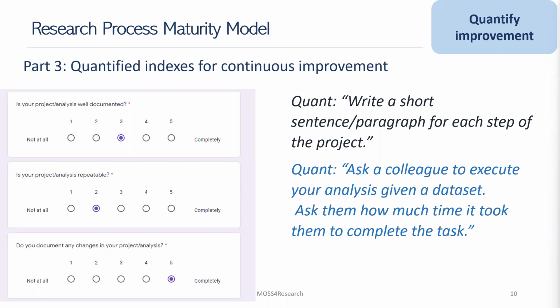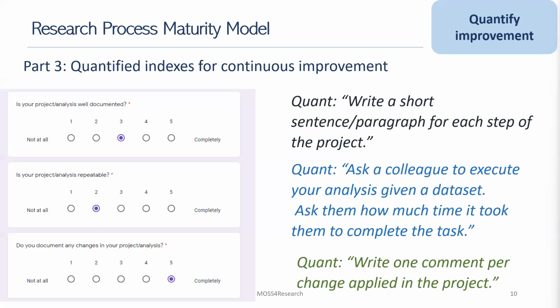And by keeping a record of the time and the difficulties that the other collaborator had in repeating the analysis, the time can be used as an evaluation metric of the repeatability of the process. And finally, we recommend that the group keeps a log of the changes to the project or the process and records at least 1 comment per change.